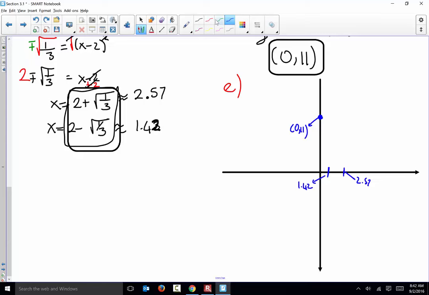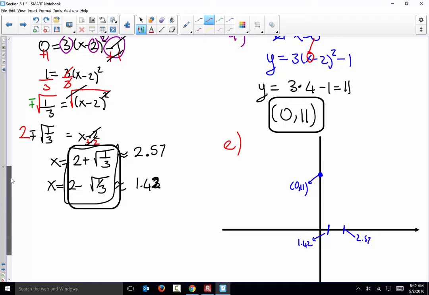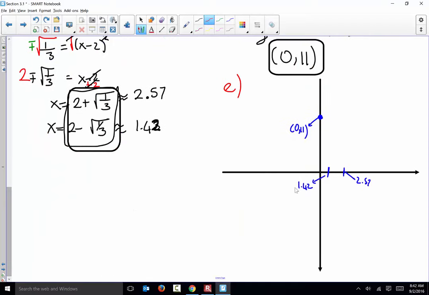Alright, seed. Where is the seed? 2, -1. So it's pretty much here and there. Start with this seed. Which direction shall we go? Down? Is it down?